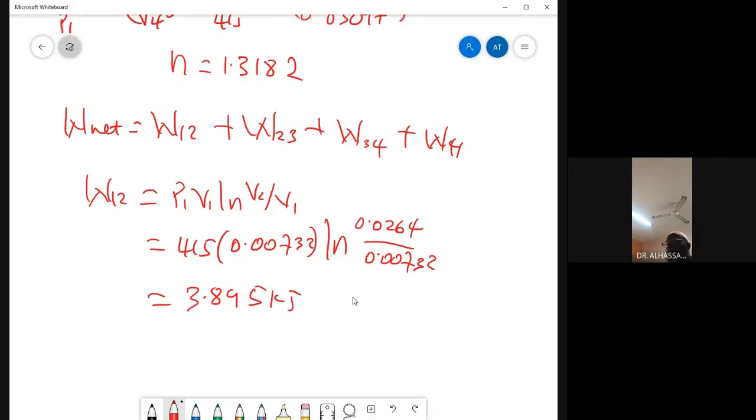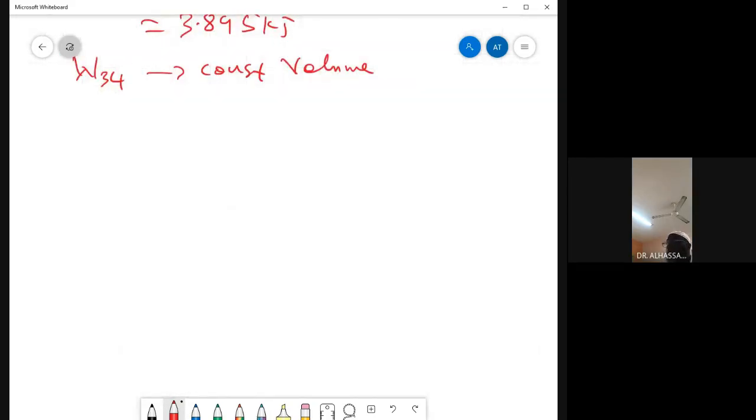So now let us determine W34. W34 is constant volume process, which means this is isochoric.